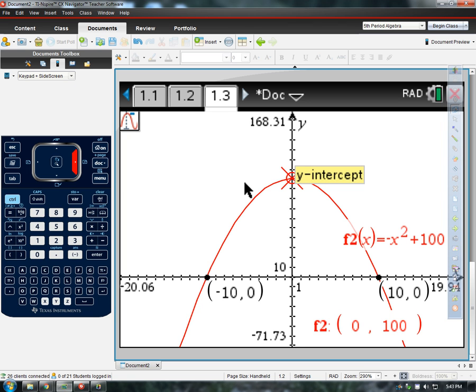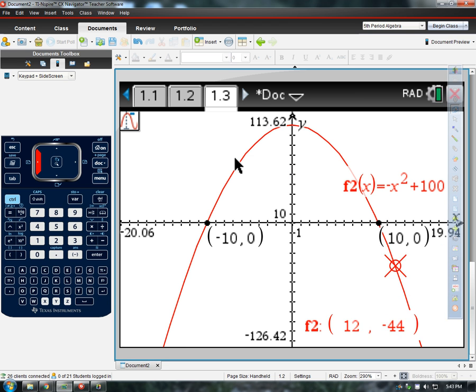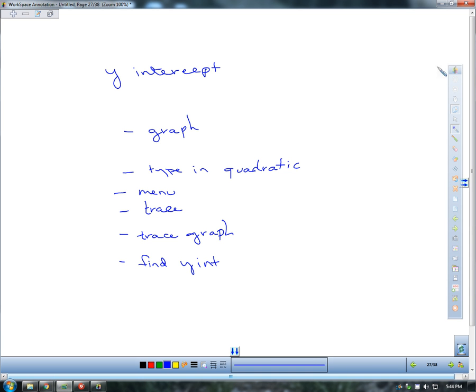It tells me my y-intercept is right there at 0, 100. Okay? So that's how you'll do that. You just wheel around till you find what you need. You can also find your zeros like that too, if you want to. Actually, I've never thought about that before. Cool. So there's that taken care of. Okay.